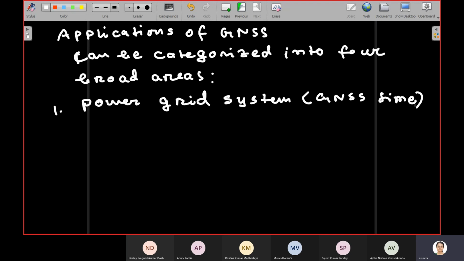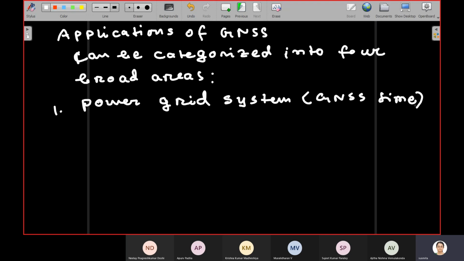Lack of synchronization implies a blackout. So it's important that all of them have currents generated in synchronism. How do we achieve this? By ensuring time synchronization, we can make sure the currents are synchronized in phase. So these are the two reasons why time synchronization is very important for power grid systems.